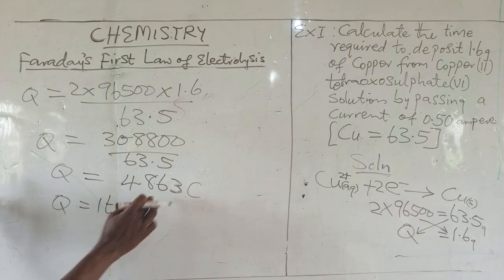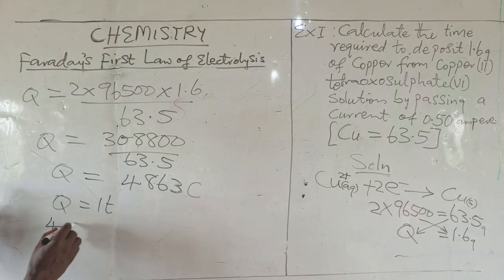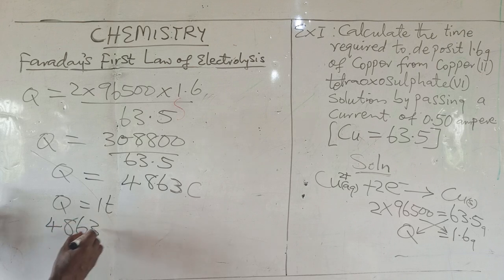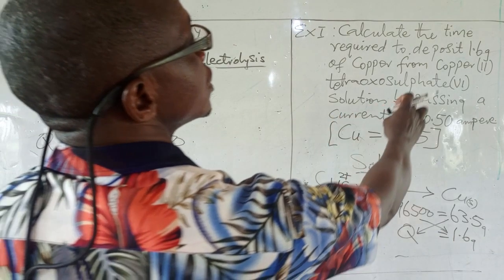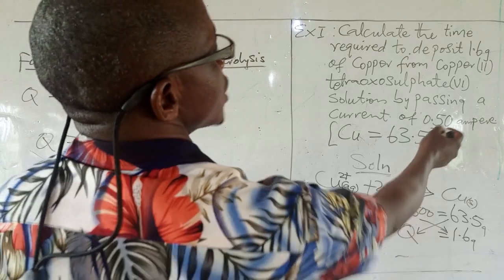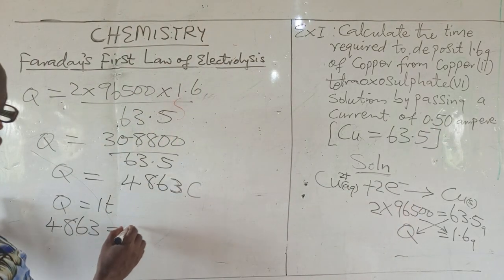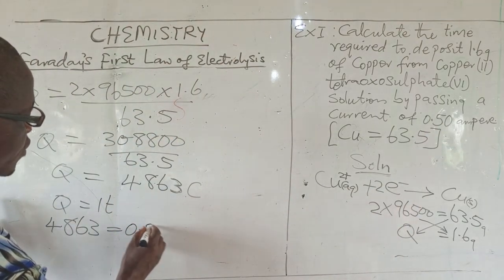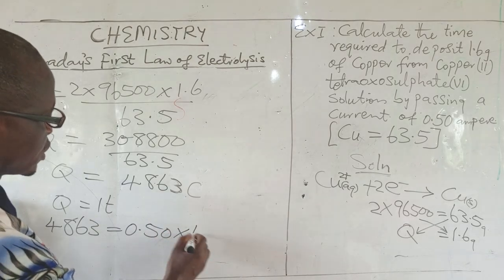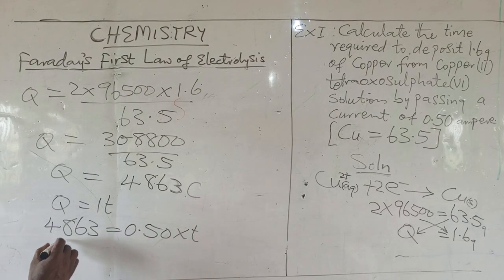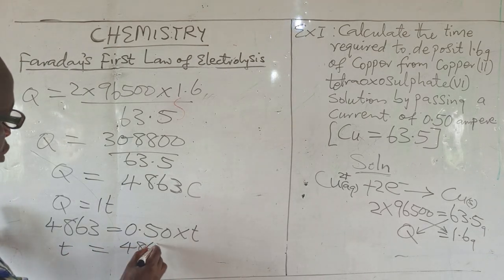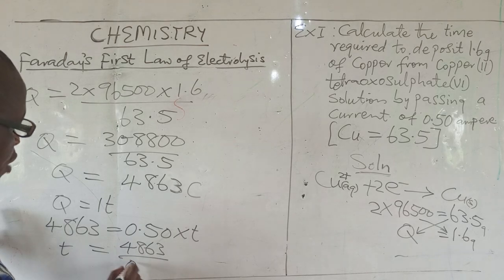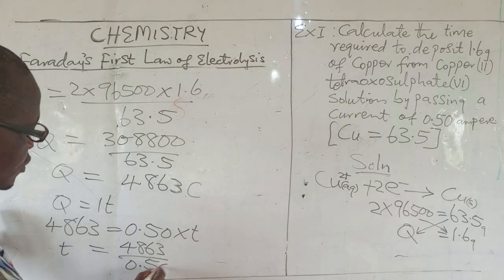Now, what is my Q? 4863 equals I, which is the electricity, 0.50, times T. And my T will be equal to 4863 all over 0.50.